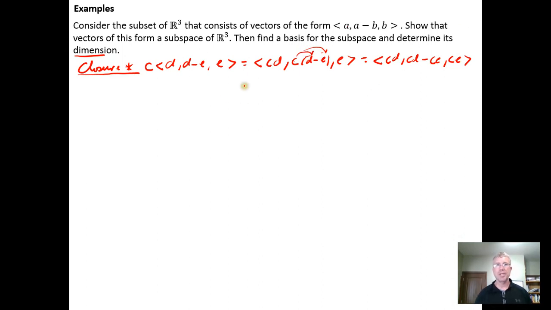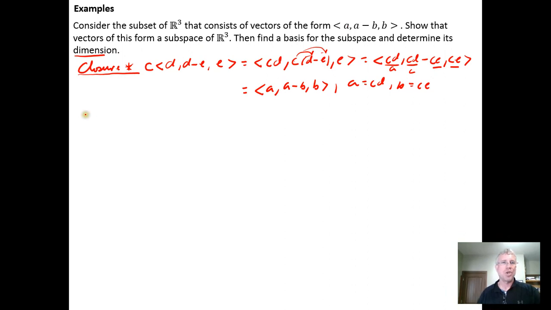This is a vector of the form (a, a minus b, b), where a is equal to c times d, and b is equal to c times e. So scalar multiplication is closed. When we multiply by the scalar c, we get a vector that still has the correct form.